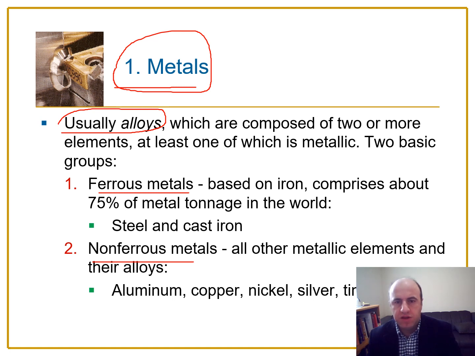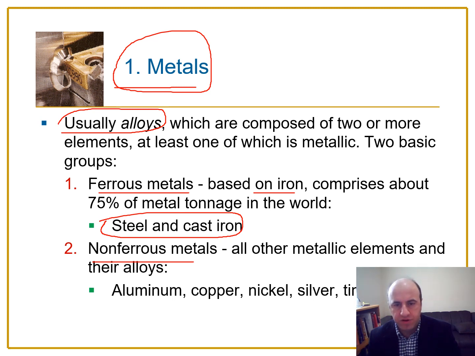In ferrous metal, the primary element is iron. The combination of iron with other elements gives you steel or cast iron.